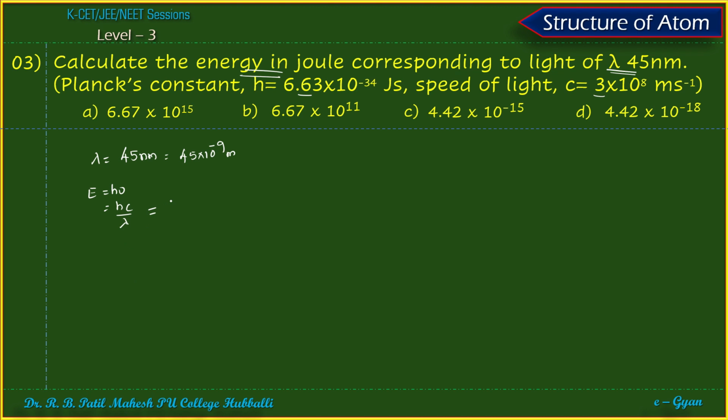So the value for h, Planck's constant, is 6.63 into 10 to the power minus 34 joule seconds, into c value 3 into 10 to the power 8 meter per second, divided by lambda, which is given, 45 into 10 to the power minus 9 meters.